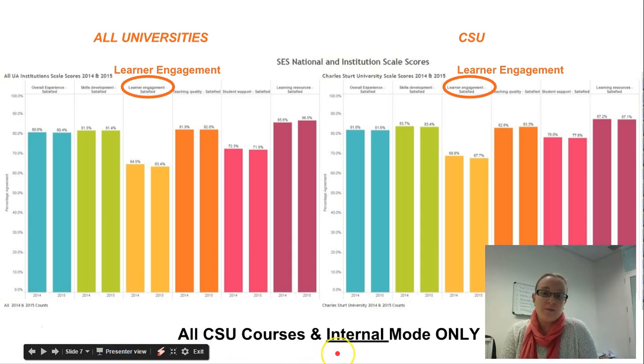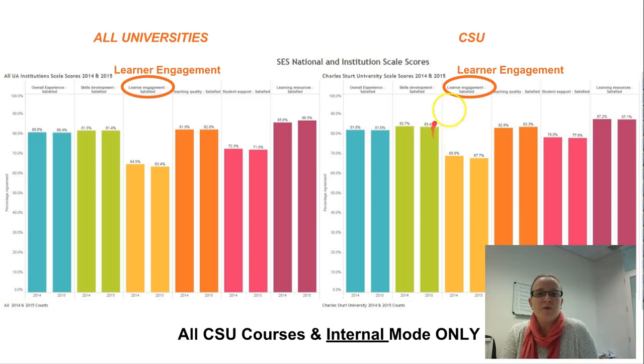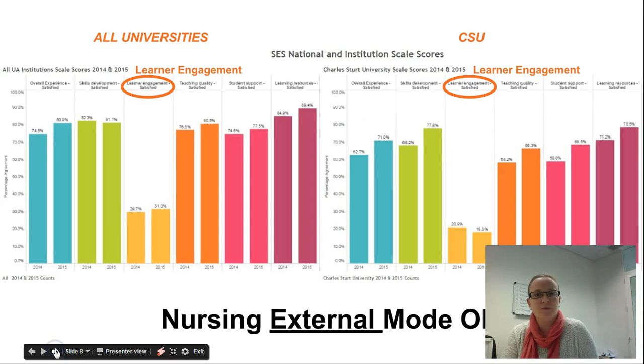If I, for comparison, show you that same data now for only internal or on-campus students, you can see not only is the learner engagement at sector average, it's slightly above. So the problem perhaps that we're addressing here is quite specifically related to our distance subjects.